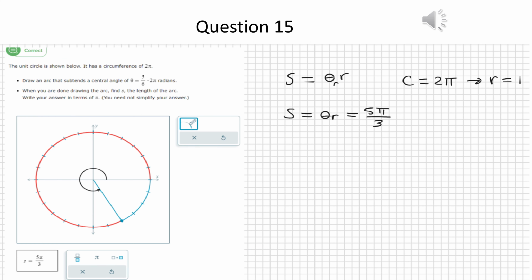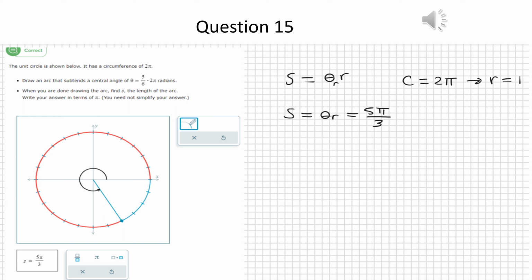Okay, the formula to compute the arc length is S equals theta, the angle in radians, very important, in radians, not degrees, multiplied by the radius. In this example, the circumference is 2 pi.